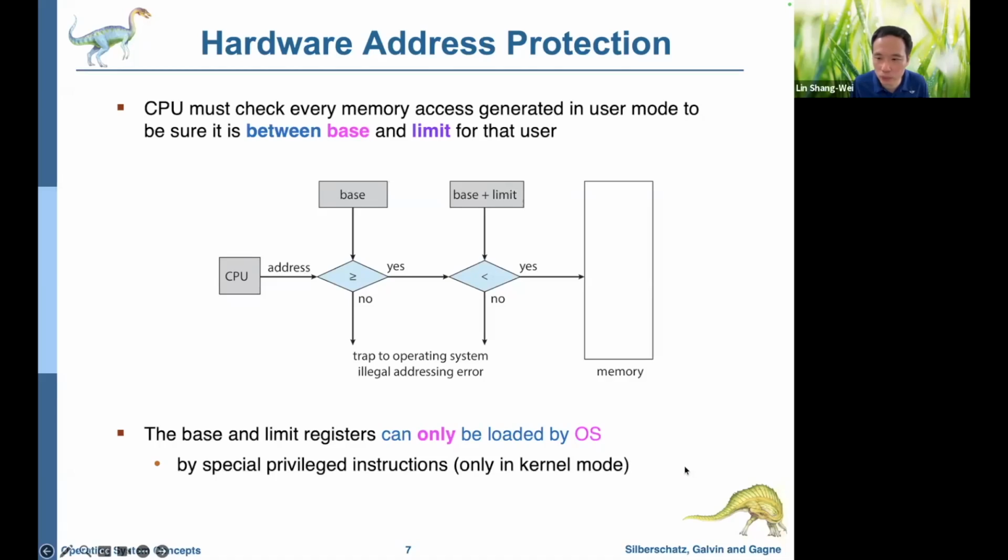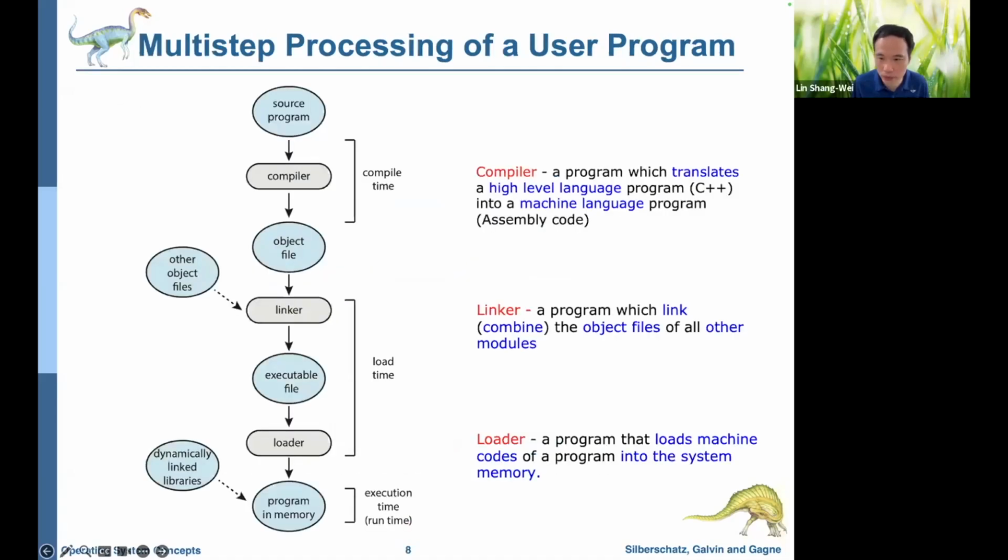All right, now let's move on to the next topic. Here I'm going to talk about the steps that are typically done when you write your program and want to execute it. For example, you have your source code here, which could be in C or C++. Then you use a compiler to compile your source file, and usually the output will be your object file. This is considered your compile time.